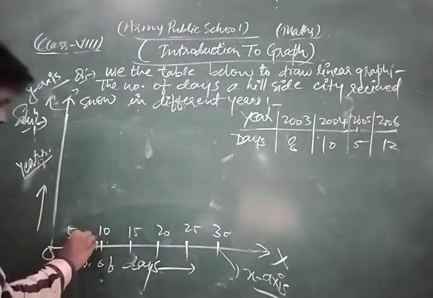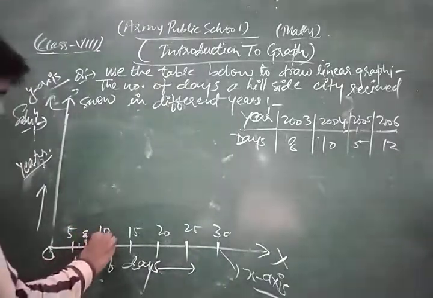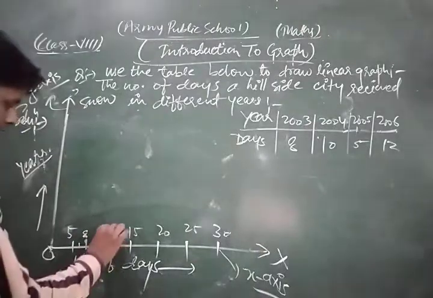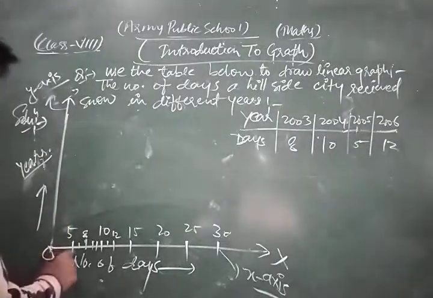So this is the location of point 8. Then 10, 11, 12. This is the location of point 12. And 5 is this, and 8 is this.